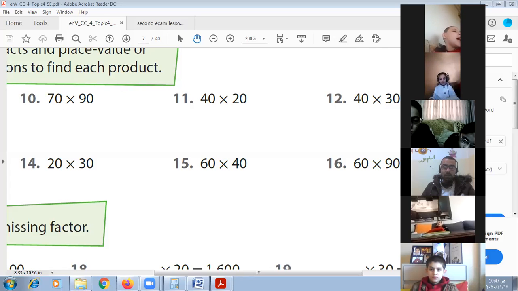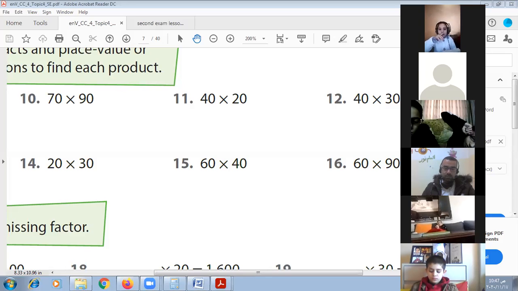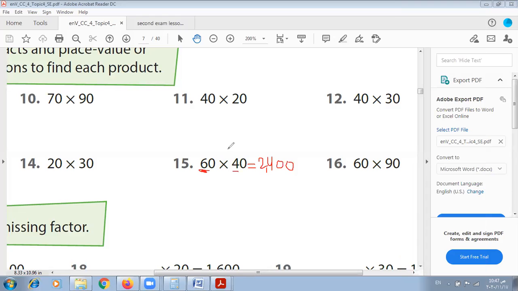Okay, so Malak, we are on page 131 now. Yes, Malak? We start now and we say we need to multiply the multiples of 10. So all I have to do is multiply what?